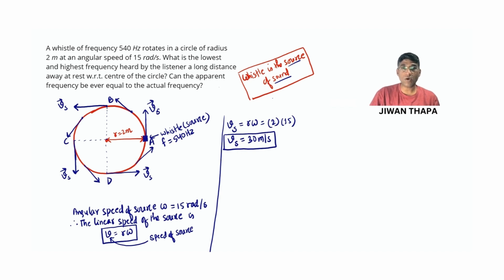For simplicity, I'm taking only 4 points, A, B, C, and D.